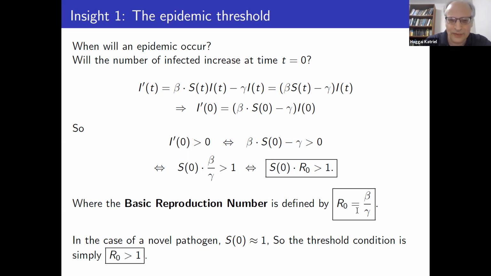And if we introduce R0, the basic reproduction number, beta over gamma, then we can write it like this. If we're talking about a new pathogen, so everyone is susceptible, then the threshold condition is R0 greater than 1. If R0 is not greater than 1, then the epidemic will not spread at all. There won't be any epidemic.